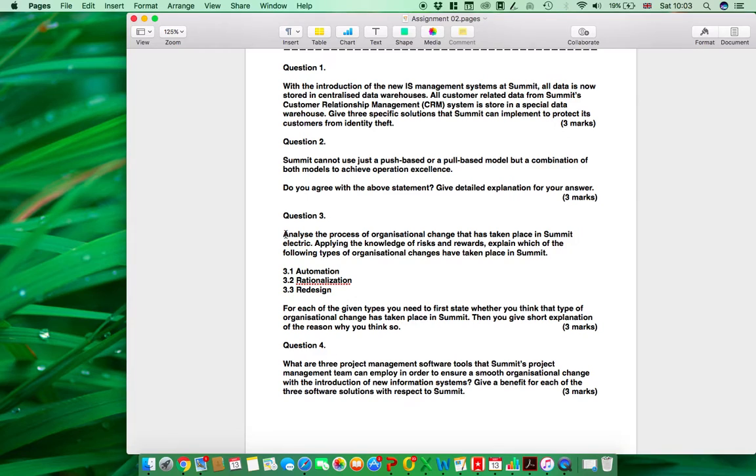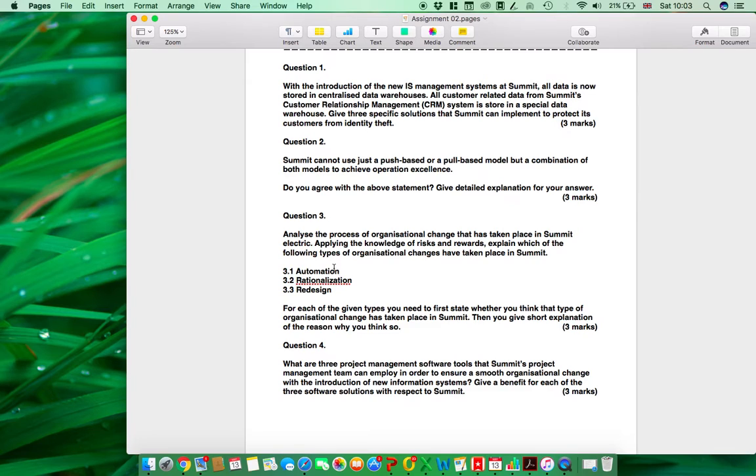And in the third one, I've given you these three types of organizational changes: automation, rationalization, and redesign. As you know, automation is about making things automatic, so implementing information systems, making them electronically faster by using electronic technology. We have rationalization, which is improving the quality of the processes, and we have redesign, which is obviously changing the design of the process and the way it works.